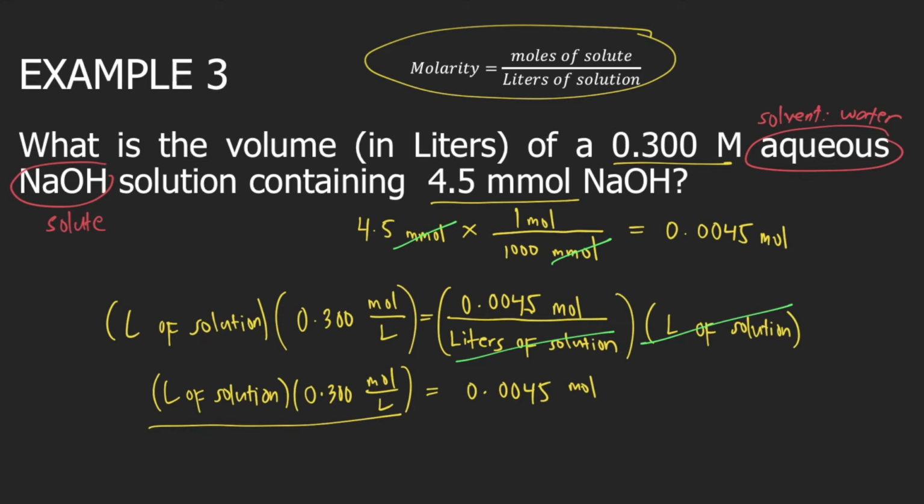Divide both sides of the equation by 0.300 moles per liter. So 0.300 moles per liter will cancel on the left side, and what remains on the left side is liters of solution.